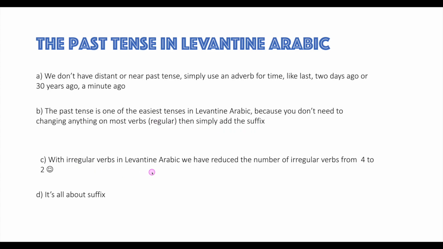With irregular verbs in Levantine Arabic, we have reduced the irregular forms from 4 to 2, so very economical. Finally, the past tense is all about a suffix, an attachment you add to the end of the verb. And we've got fixed suffixes, and that helps us really easily to memorize the conjugation for the past tense.